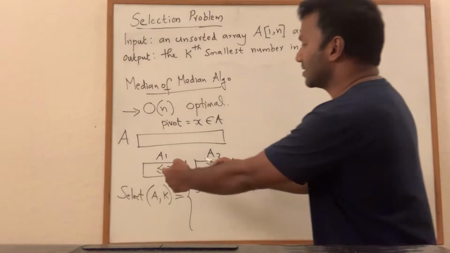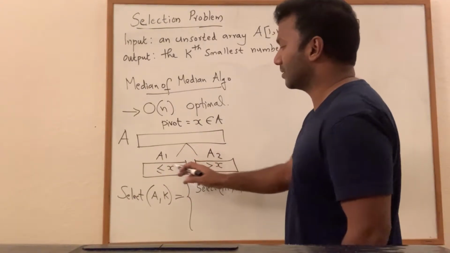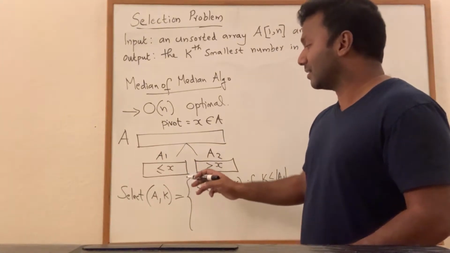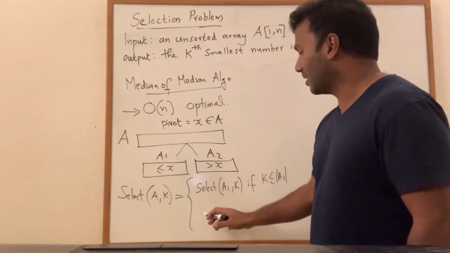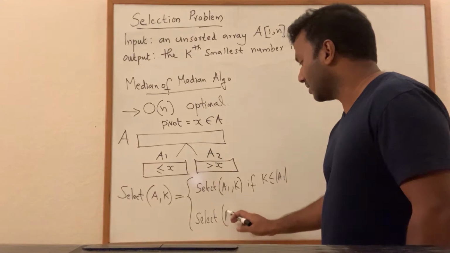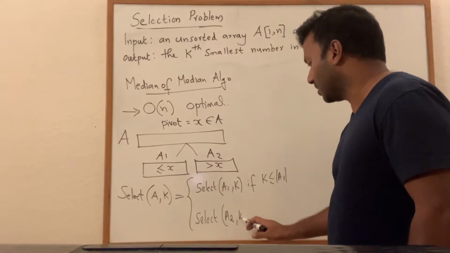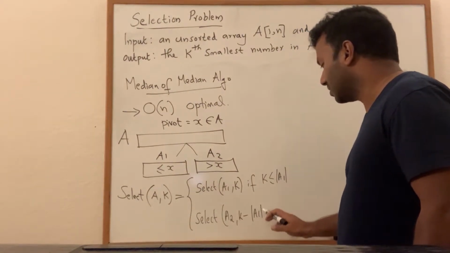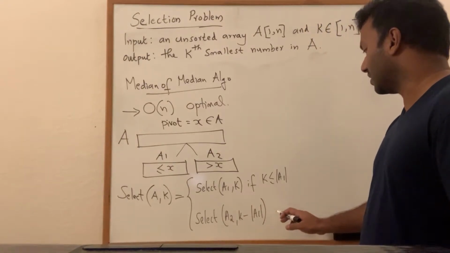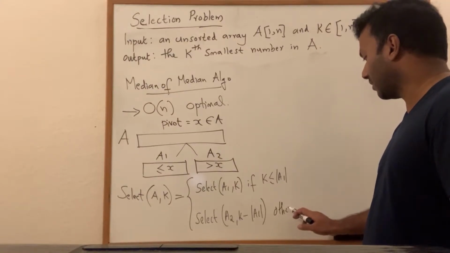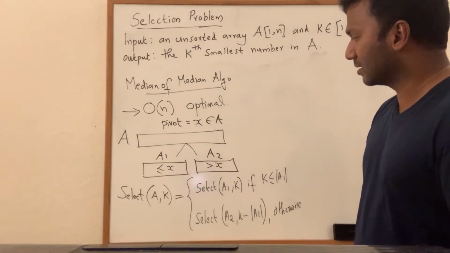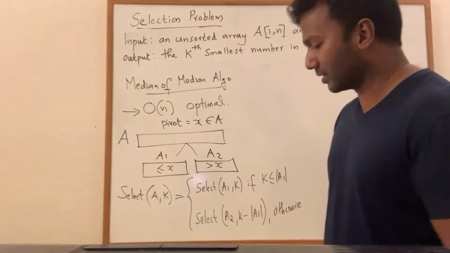If k is at most the size of A1, then that element is going to be in this array, and that is going to be exactly the kth smallest element in this array. And otherwise, you simply select the (k minus size of A1)th element from the second array. So this is the algorithm we had, which is a nice divide and conquer strategy.